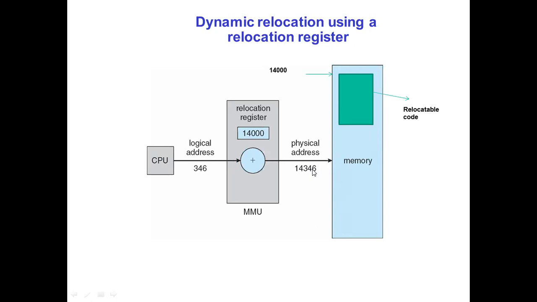So the physical address depends on the CPU address, which is generated by the CPU and is called the logical address. After addition we get the physical address. Then here you can see the memory, the relocation register, and the address 14,000, and here we will get the relocatable code. So it will generate the relocatable code inside this memory.